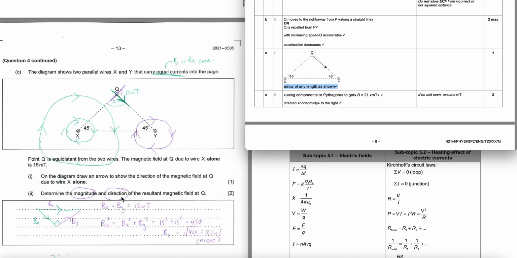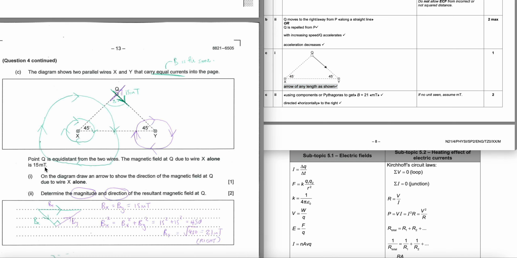Now, each one of these, we are told somewhere, here we go, has got a magnetic field strength of 15 millitesla, not mega, that'd be huge. Okay, and so therefore, if we want to know BT, the size of the total field strength, we're going to take BT squared equals BX squared plus BY squared, which is 15 squared plus 15 squared, equal to 450. And we're also going to remember to square root it.